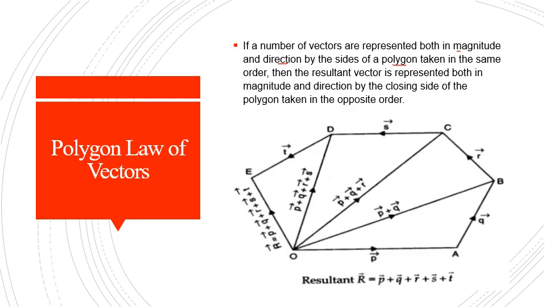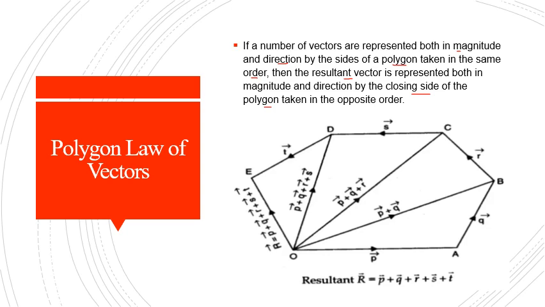So if a number of vectors are represented both in magnitude and direction by the sides of a polygon taken in the same order, then the resultant vector is represented both in magnitude and direction by the closing side of the polygon taken in the opposite order.